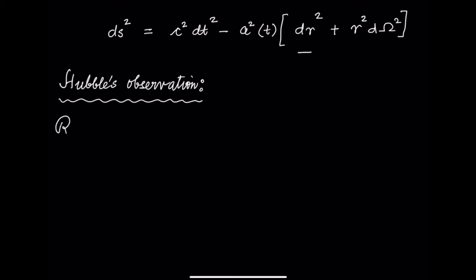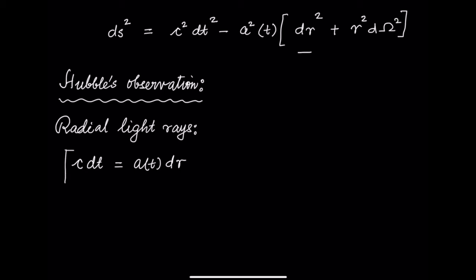So radial light rays, and it's light rays, so ds squared is 0, which means that in this case I can simply write c dt equals a as a function of t times dr. So this is what I can use from the metric directly.